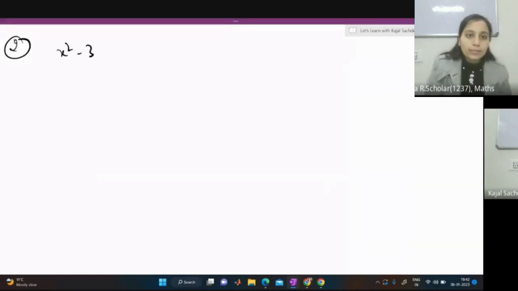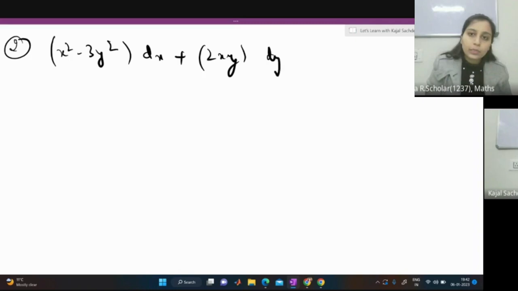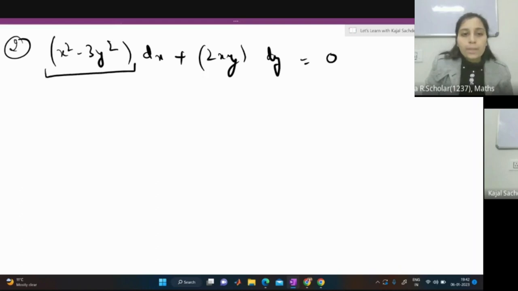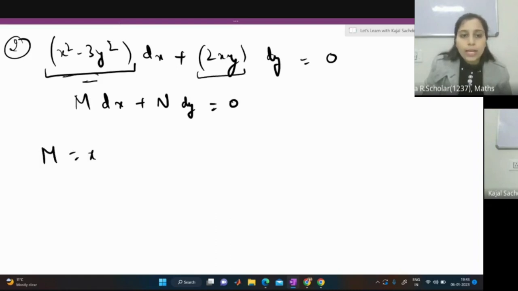We have an example, (x square minus 3y square) dx plus 2xy into dy is equal to 0. From here we can compare it with M dx plus N dy is equal to 0. So this is M and this is N. Here M is equal to x square minus 3y square and N is equal to 2xy.